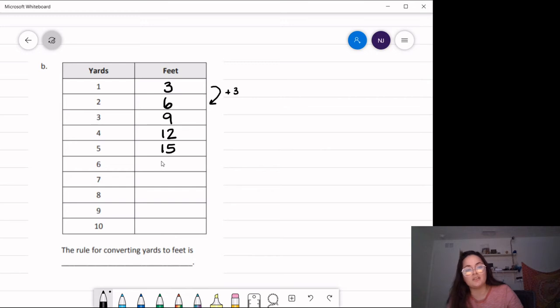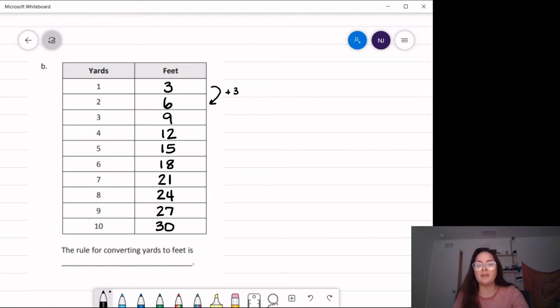In 6 yards, we have 18 feet. In 7 yards, we have 21 feet. In 8 yards, we have 24 feet. In 9 yards, we have 27 feet. And in 10 yards, we've got 30 feet.